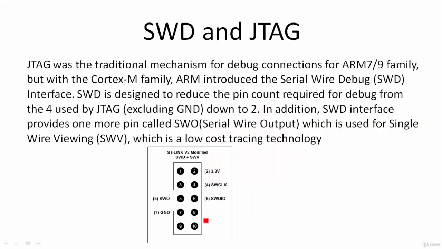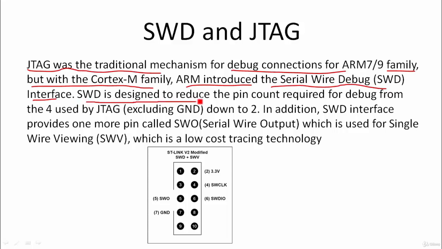Now there is also another debug interface which is called JTAG. The difference between JTAG and SWD is JTAG actually needs more pins than SWD. JTAG was the traditional mechanism for debug connections for ARM7 or ARM9 family, but with Cortex-M family, ARM introduced the serial wire debug interface.